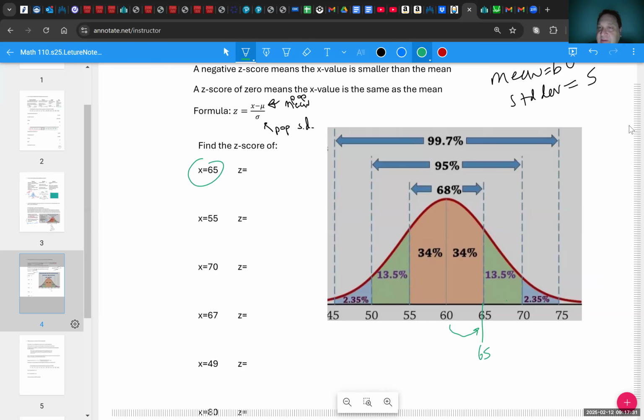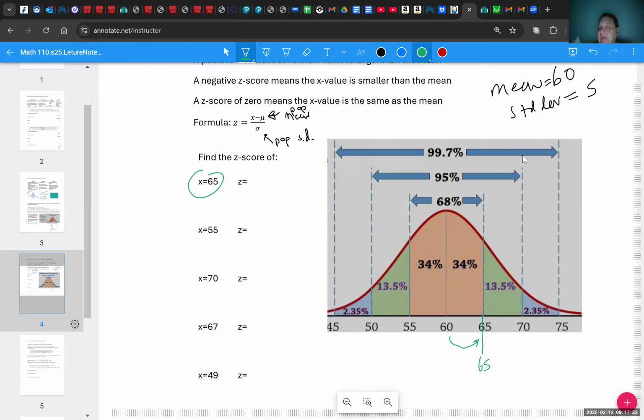Mean was 60, standard deviation is 5. So we're exactly 5 above the middle, and the z value would be positive 1. You can write 1, or a little plus sign if you prefer. It's 1 standard deviation above the middle. In other words, the middle is 60, and adding 5 one time gets you to 65. So that's why the z-score is 1.